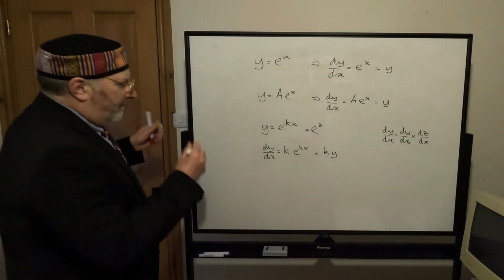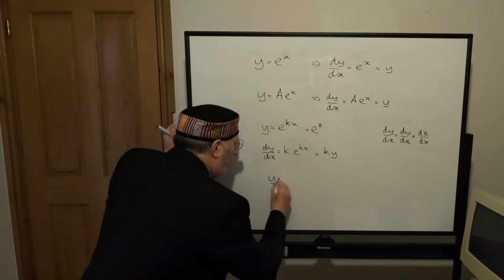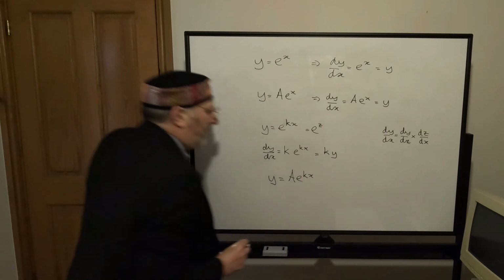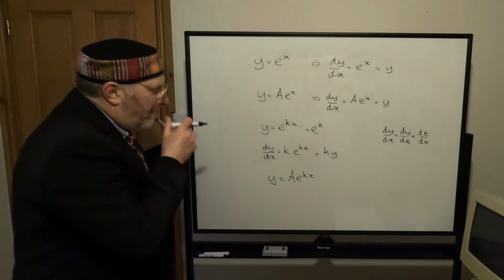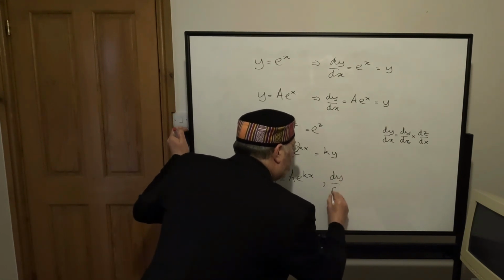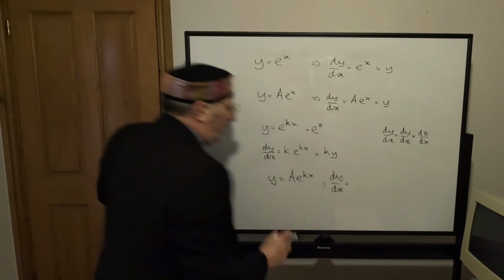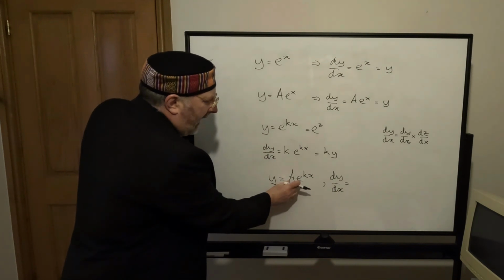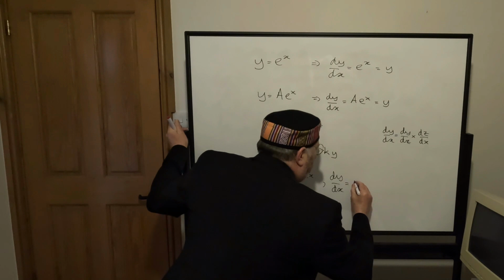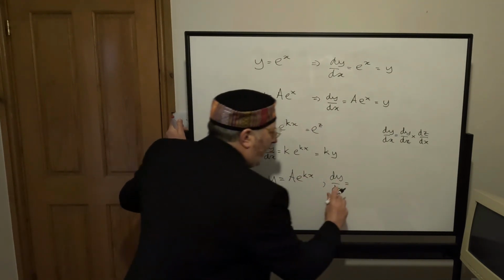And just to finish off, what if we've got y equals a e to the kx, which is the most general form? Then dy by dx is going to equal, well, again, the a is constant, so we can slide past it, and we're going to get a k e to the kx.